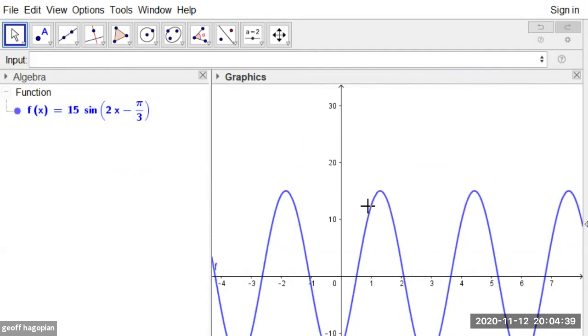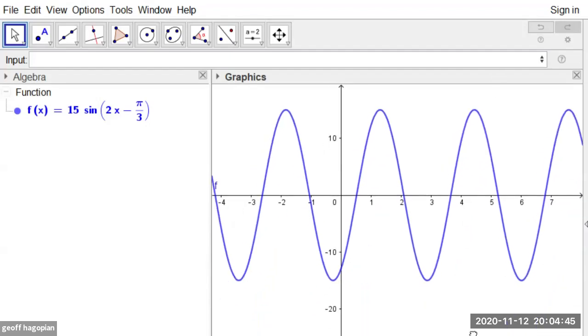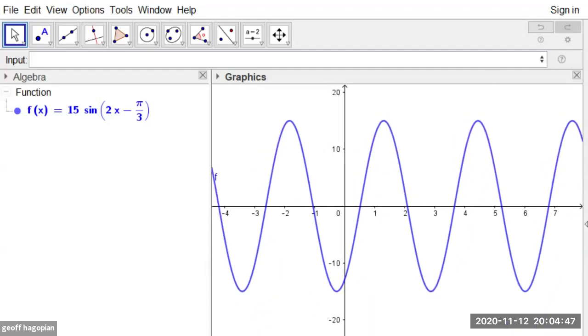So it's oscillating between negative 15 and positive 15, with the equilibrium at 0. And the shift is pi over 6. Shall we plot the point pi over 6 comma 0? Right there, so that's the shift.